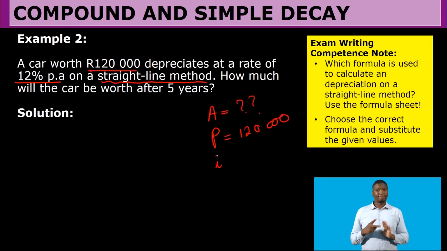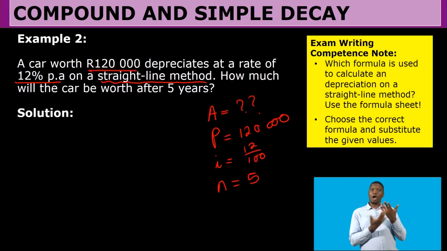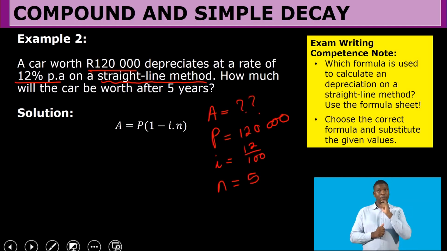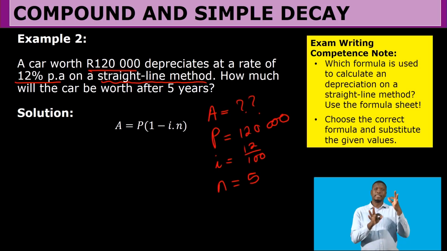And then when it comes to the interest, we can see that it is 12%, which is 12 divided by 100. And of course, our n is going to be the 5 years, because we are asked how much the car will be worth after 5 years. So the formula that we're going to choose is that of the simple decay.